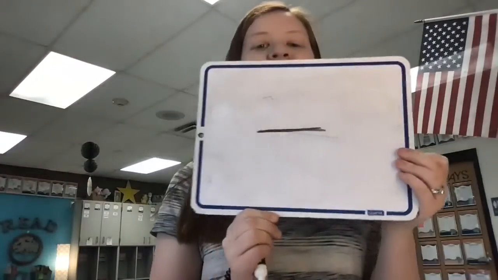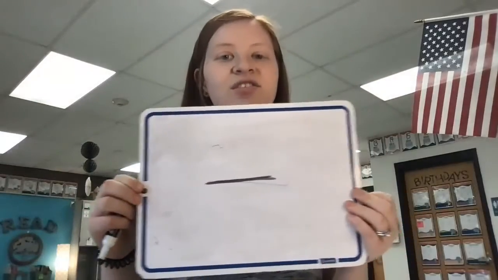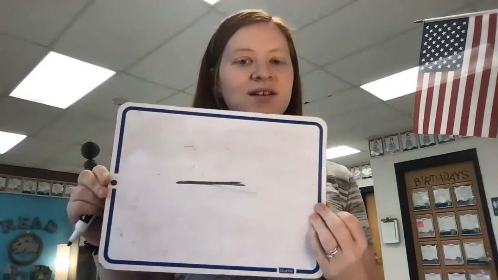Very good. Now, I'm going to get a marker out. All right. When we see this sign in our number sentence, it is telling us to do what? Add or subtract?